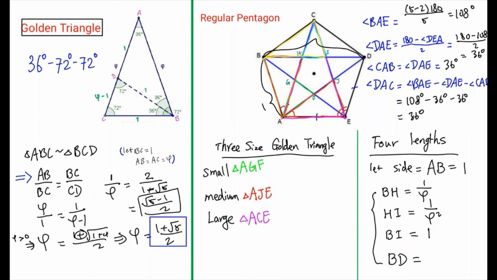BD is equal to phi, since BD is part of another triangle, BAD, which has the length of AB. So you just have to multiply phi by 1, which is phi.